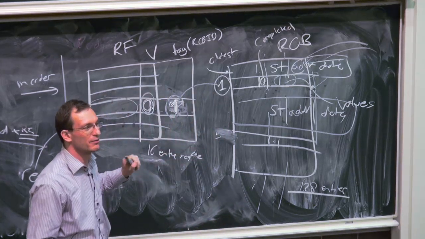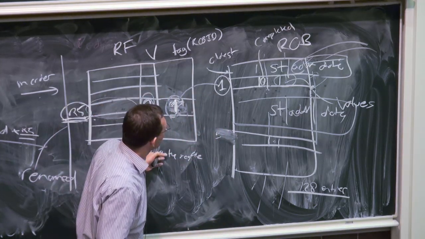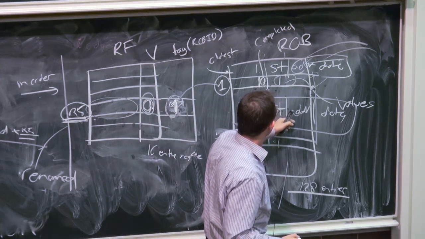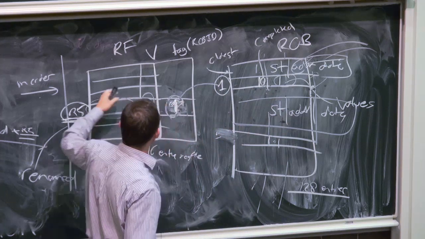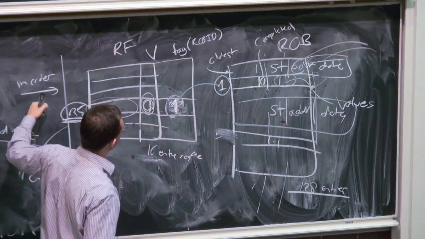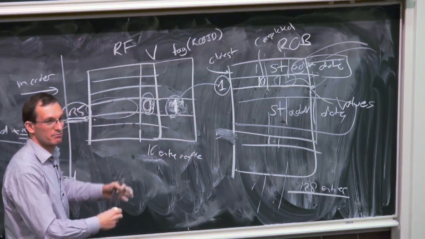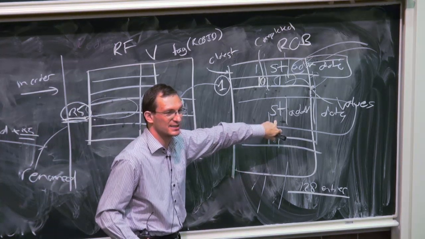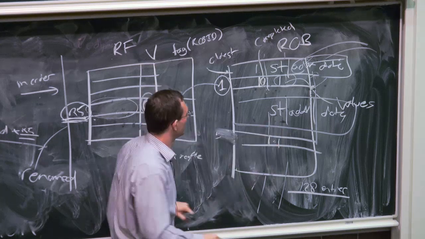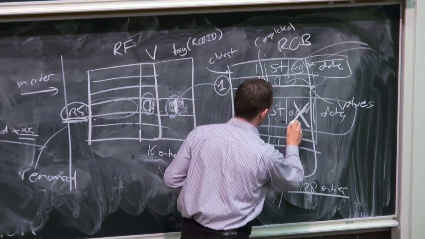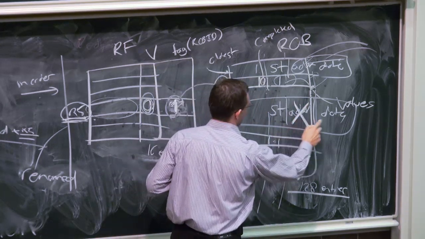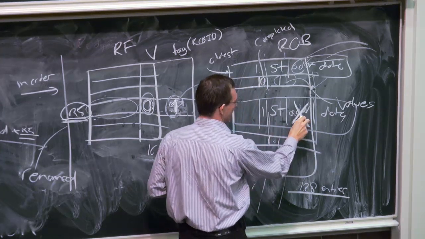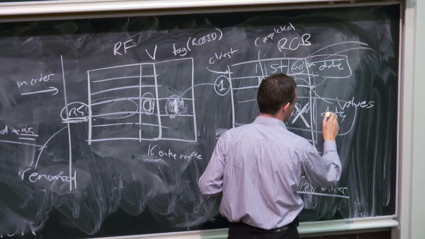If you have a load coming in and it has the same address, you cannot get that value from the cache, or from the memory state, because there is a store in the machine that has not updated that address. Let's say you have a store to address X, and it has actually completed. Completed meaning it has its address available and it has its data available, data 1000.